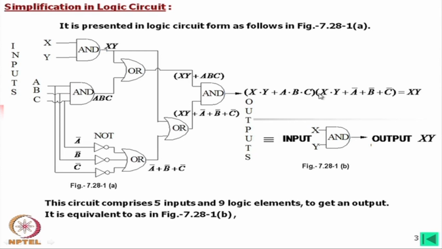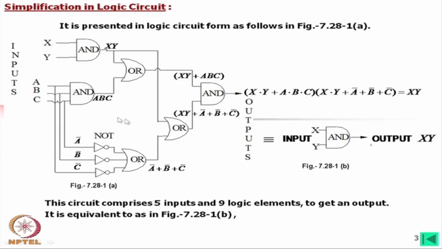But this is an arbitrary function we have taken, and we have taken this output. It is like this: one part of the machine is performing something, and another part of the machine is performing something else. Finally, when this total function is required, we simply take this output.